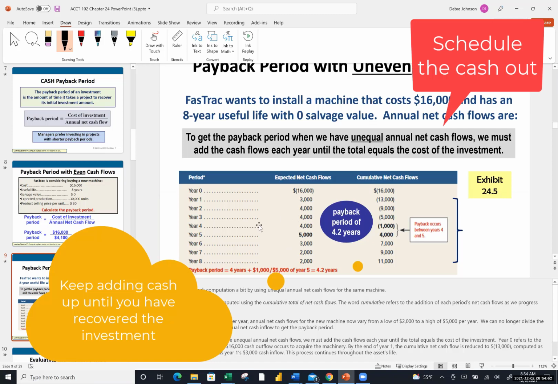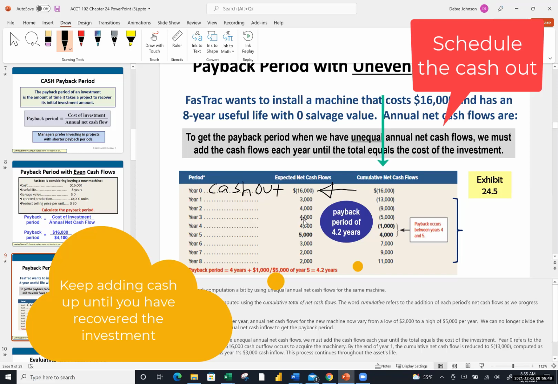And you'll notice up here that the author starts off with a negative cash flow. That's the cash outlay to purchase this asset. So a lot of students have trouble understanding how a cash flow can be negative. That's the initial acquisition of this asset. And then look what they do. They just keep adding the cash back. Over here, you'll see cumulative net cash flows.